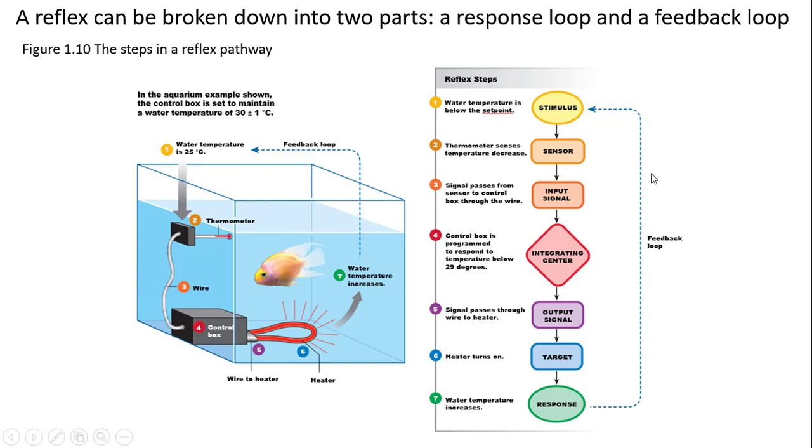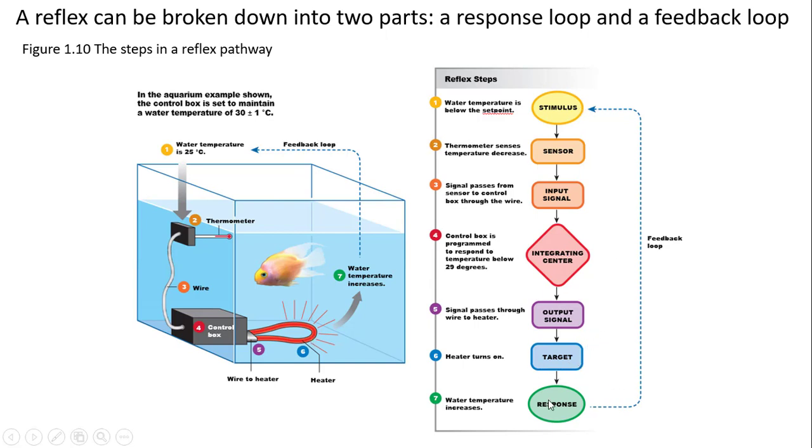This response feeds back onto the original stimulus, which is the water temperature. So we're increasing the water temperature. The sensor picks that up, sends that signal to the integrating center, and now the difference between the set point and the input signal is not as great, and so it might send a weaker signal out to the target. So less heating would occur at the target.